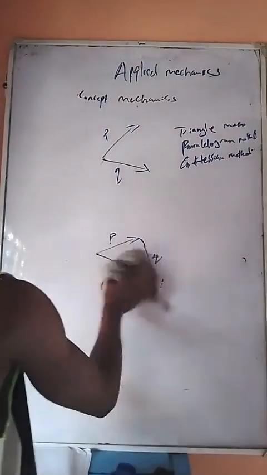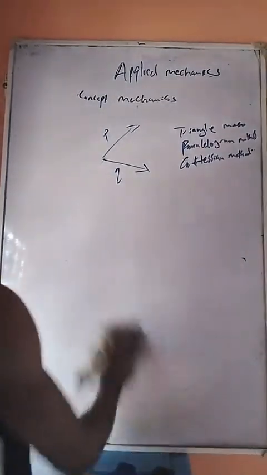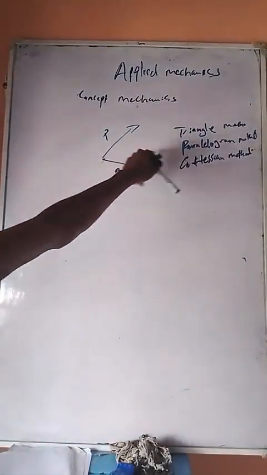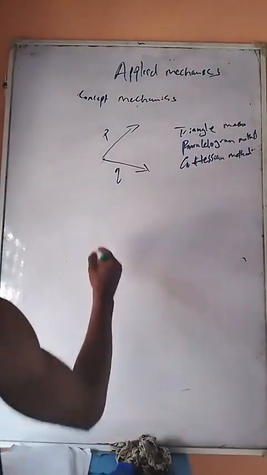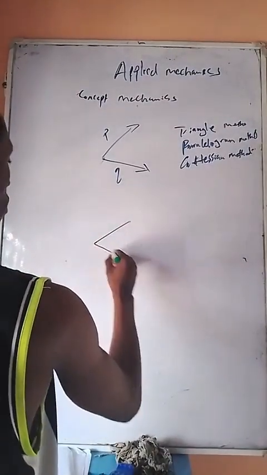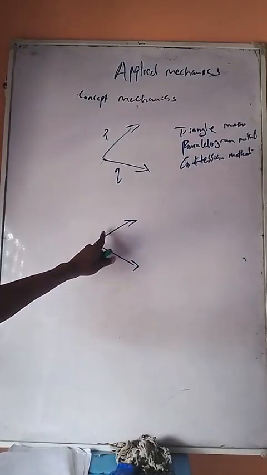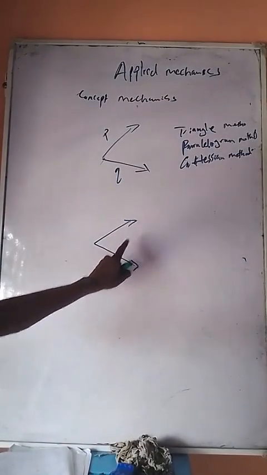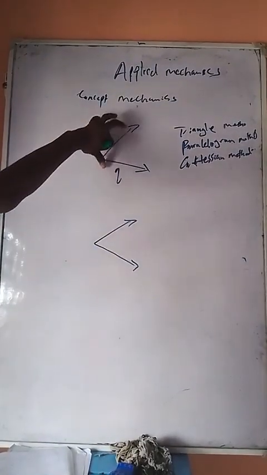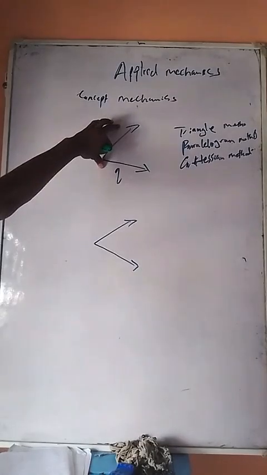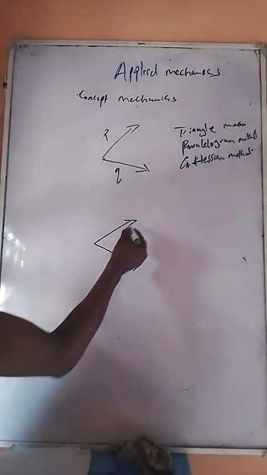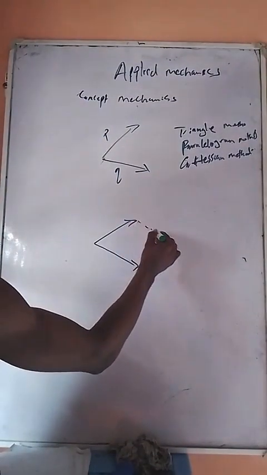How do we also represent this vector in a parallelogram? Easy. Unlike the triangular method, where this vector will come here, in the parallelogram you draw the vectors exactly how they are inclined, then trace to complete a parallelogram.